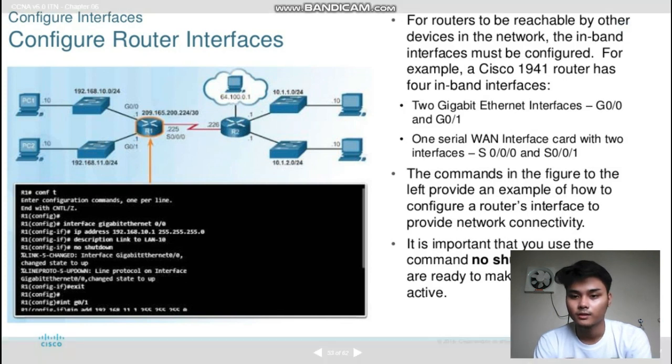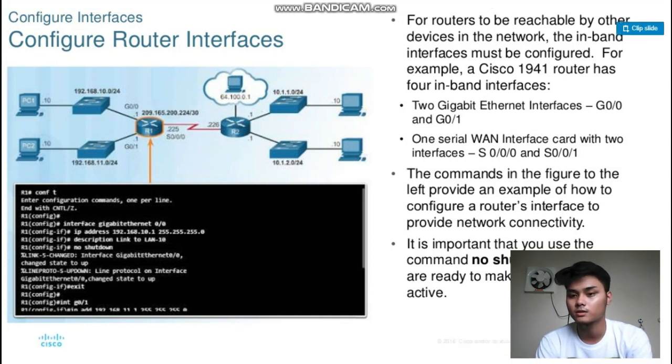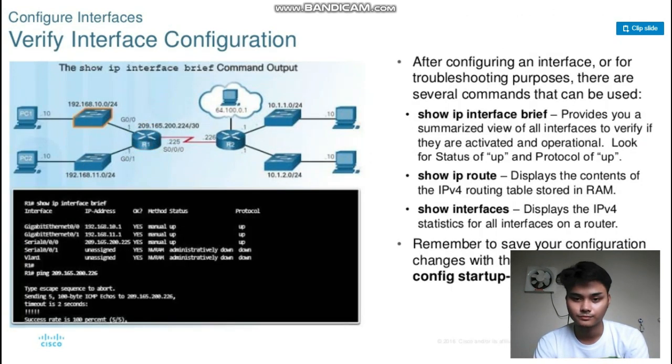We have 2 gigabit interfaces, G0/0 and G0/1, and 2 serial interfaces, serial 0/0/0 and serial 0/0/1. It is important to use the no shutdown command to make the interface active. We also have show ip interface brief, show ip route, and show ip interface.